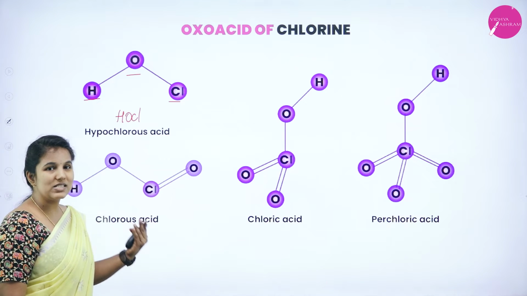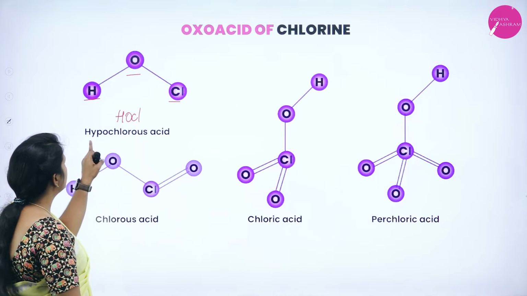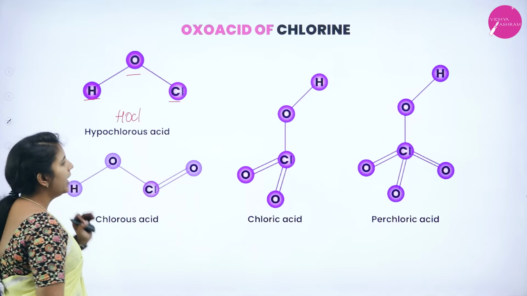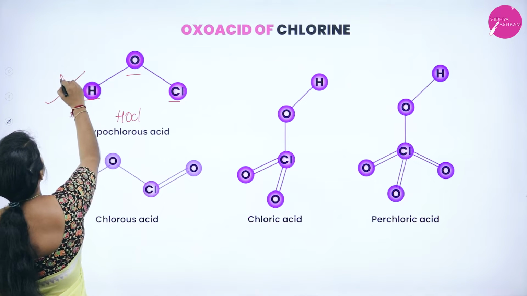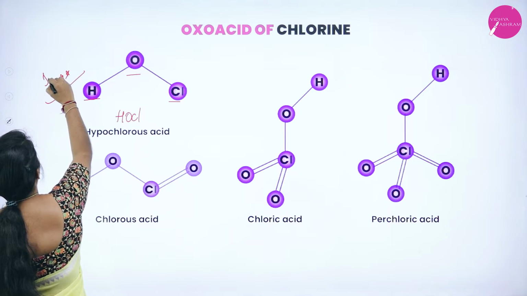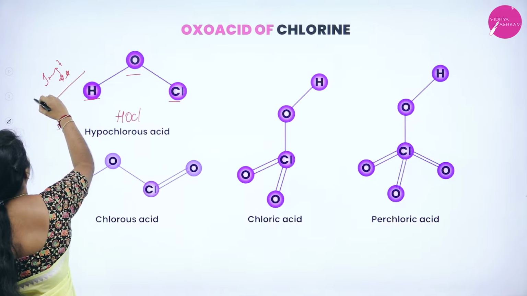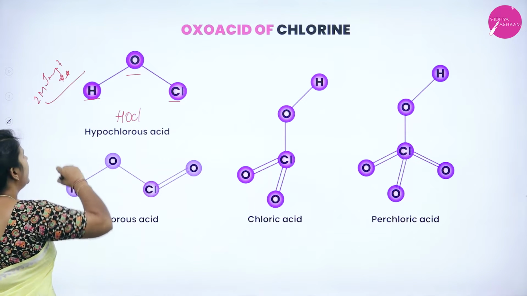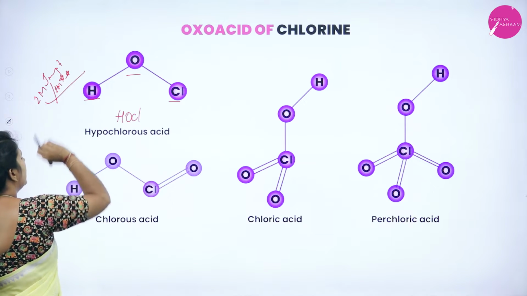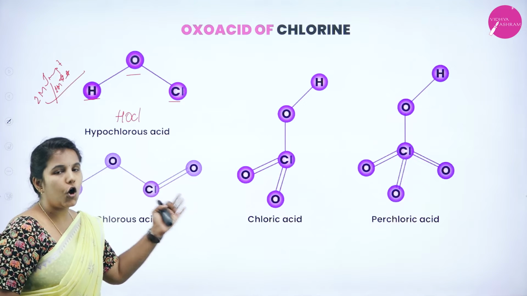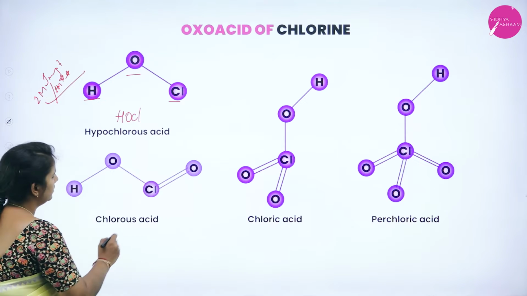Then only we can say it is an oxoacid. So this is hypochlorous acid, and all the structures are very important from the examination point of view, whether for 2 marks or 1 mark. They can ask you to write any one of the oxoacids of chlorine.